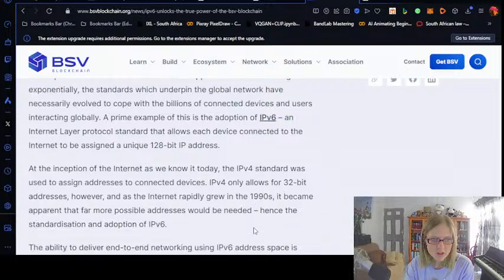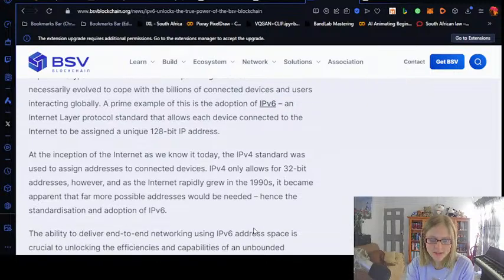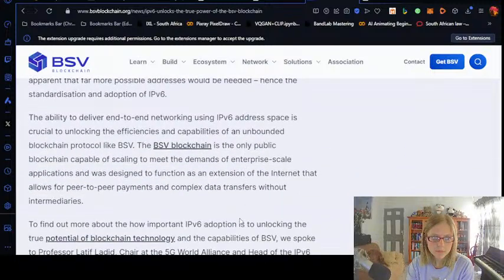At the inception of the Internet as we know it today, the IPv4 standard was used to assign addresses to connected devices. IPv4 only allows for 32-bit addresses. However, as the Internet rapidly grew in the 1990s, it became apparent that far more possible addresses would be needed. Hence, the standardization and adoption of IPv6.